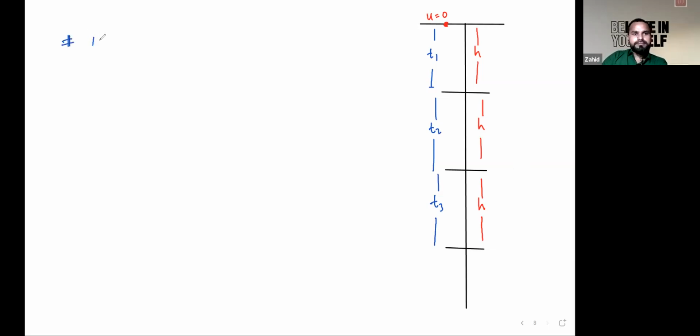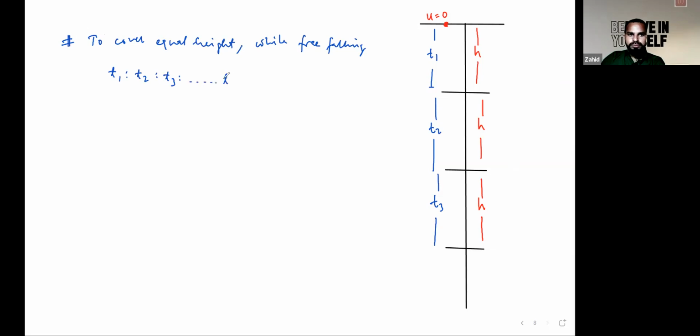So just remember, to cover equal height while free falling, the ratio of time t1 is to t2 is to t3 and so on to tn should be equal to 1 is to root 2 minus 1 is to root 3 minus root 2 and so on, to root n minus root n minus 1.